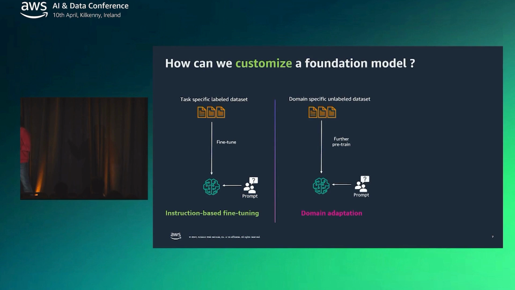The other thing that you can do is continue the pre-training, because Anthropic, Claude, Amazon, we have trained our model, what we are calling a large language model or foundational model. What you can do is take that model and continue that pre-training, but now you are doing it with your data.